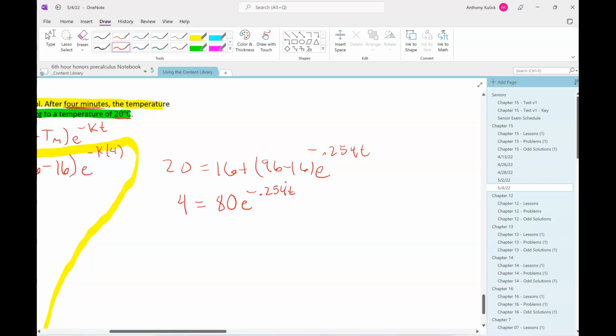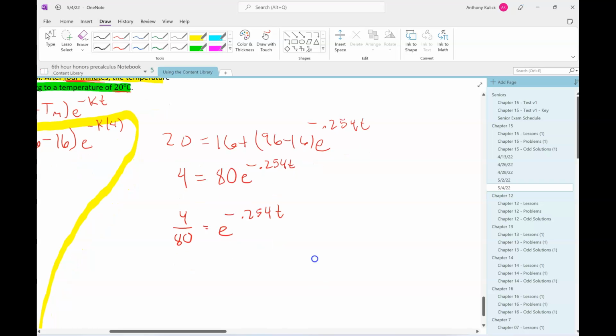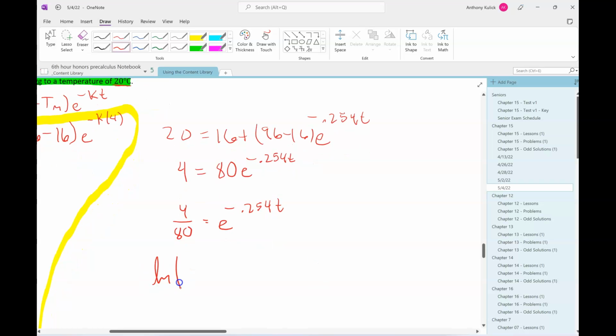Then we divide by the 80. Notice that could reduce, but I'm not really interested in it because it's just going to be a calculator question in a minute. So the calculator can handle the reducing. If you want to reduce, that's fine. But who cares? Then we'll natural log it.